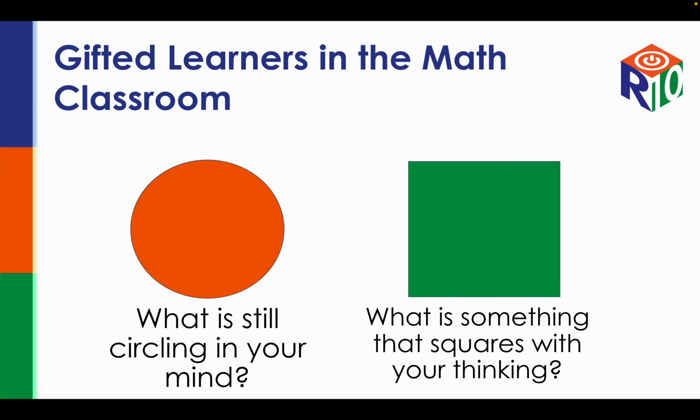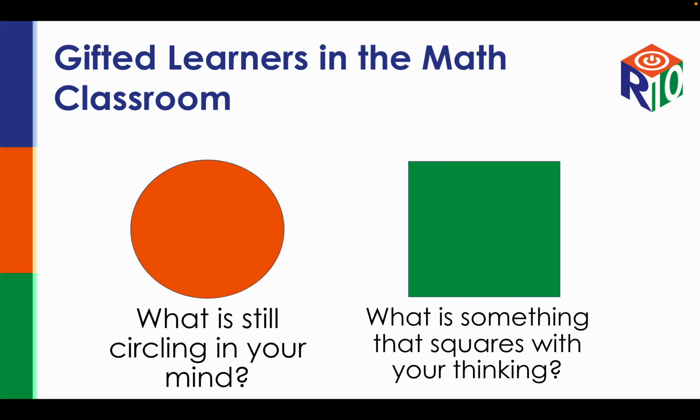And then once we end, take a minute and think about all the ways that we engage with the math. We use tools, we use number lines. So what's still circling in your mind? It can be about the number paths, the number lines, or it can be about convergent and divergent thinkers.